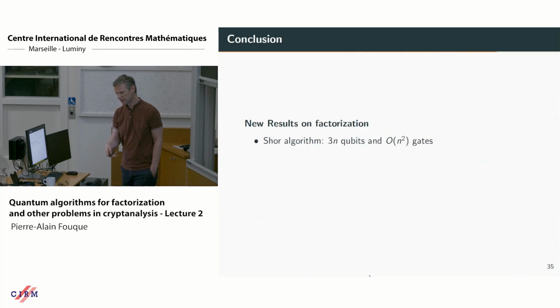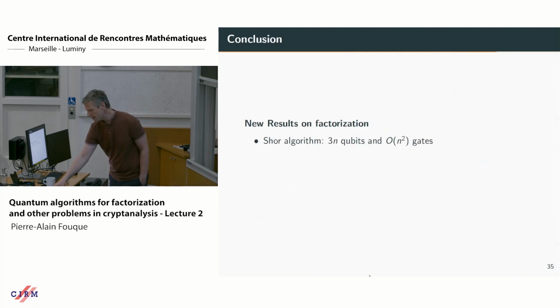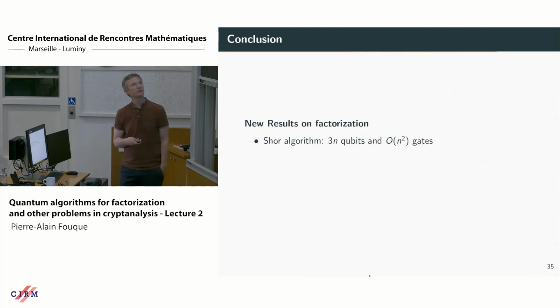However, there are more interesting results. The best approximation of Shor algorithm requires 2n qubits, where n is the size of the modulus. So you need more than 6,000 logical qubits to apply Shor algorithm, and these 6,000 qubits represent 20 million qubits.